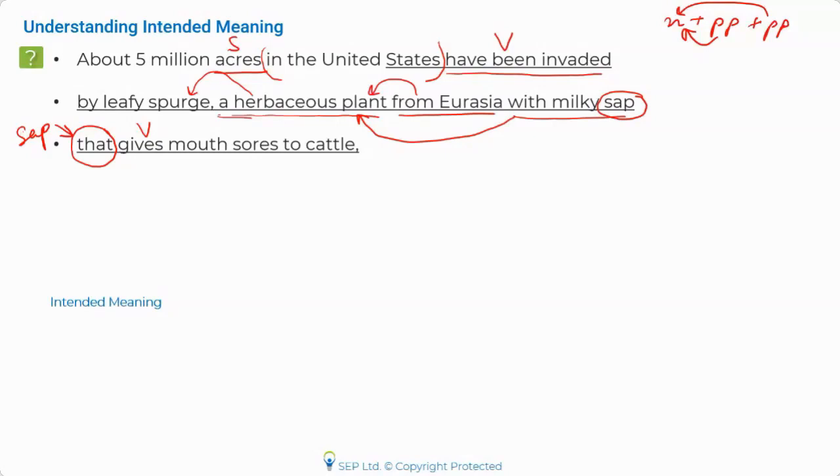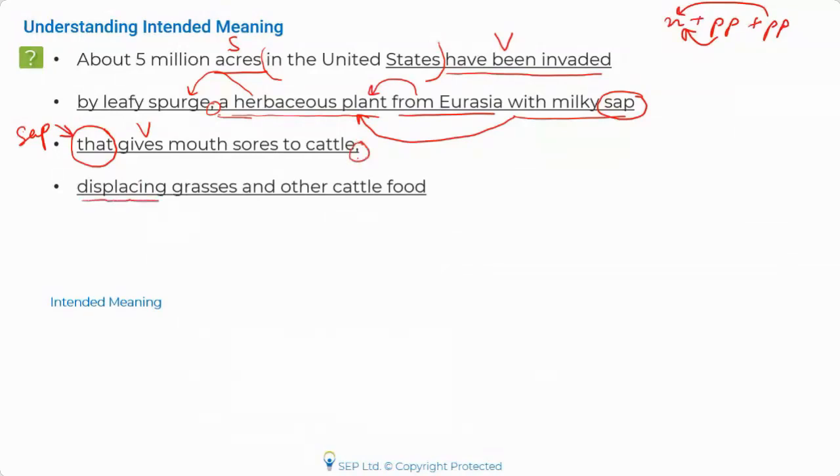So far I'm fine. Also notice, you can't call all of this non-essential, because you have a relative pronoun clause here. So we are going to remove this from here. Displacing grasses. Now see, you have a comma plus ing.